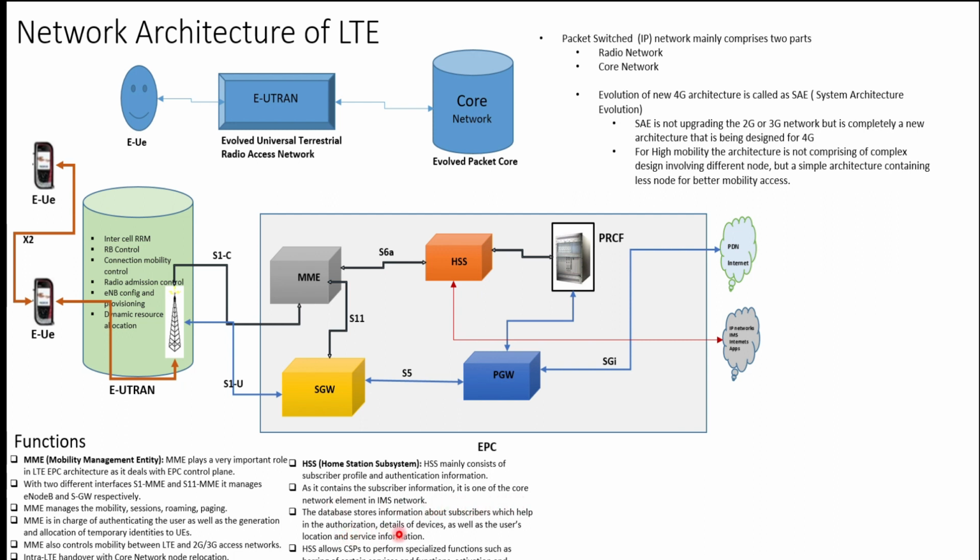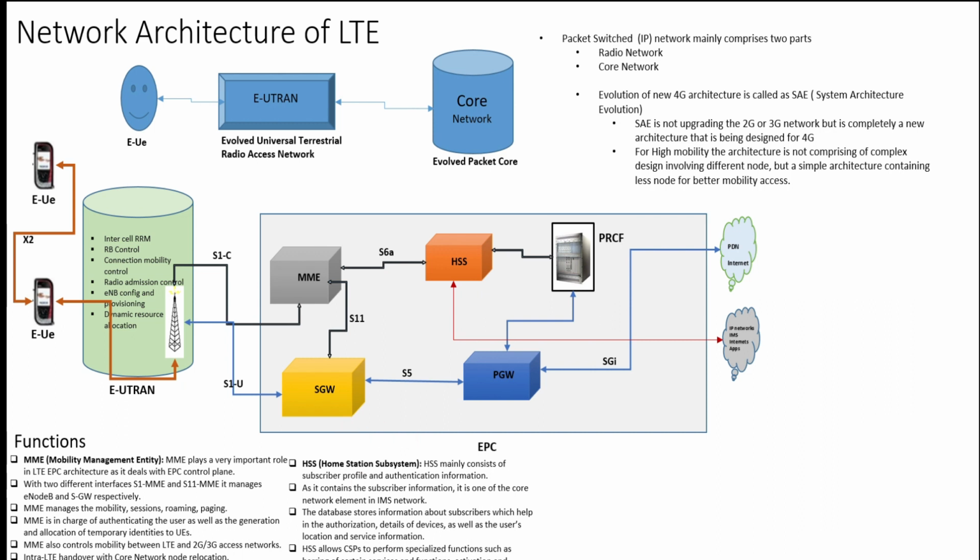The database stores the information about the subscriber, which helps in authorization, details of devices, as well as the user location and service information. So that is why this is termed as one of the core, or the heart, of the telecom organization. Why? Because whatever information pertains to a user is stored in this database.